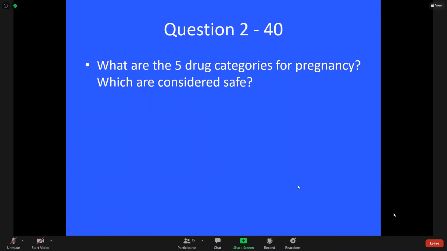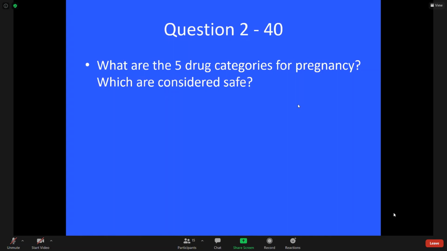So let's see. Kenneth, what are the 5 categories of drugs for pregnancy? Isn't that going to be the 5 letters, A, B, C, D, and X? Correct. And what is considered safe?